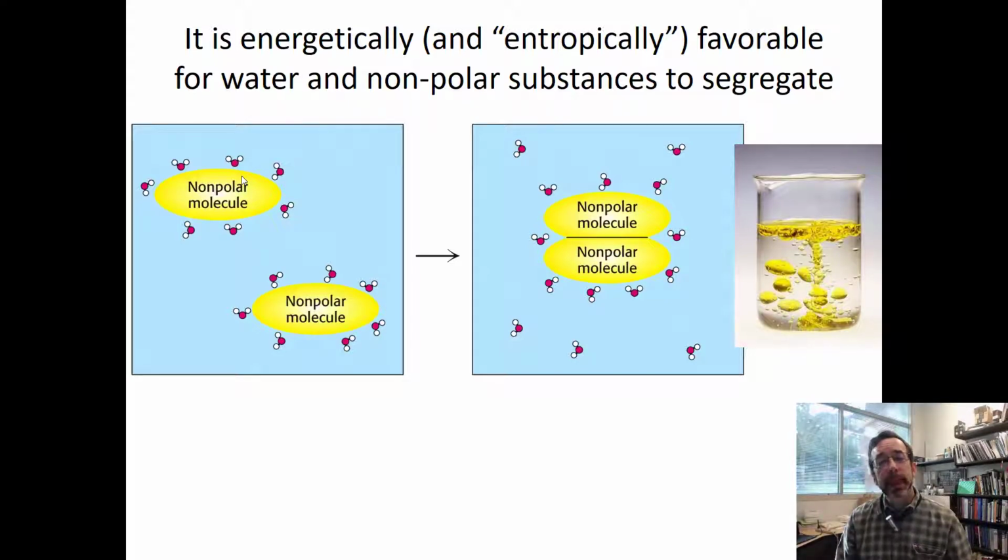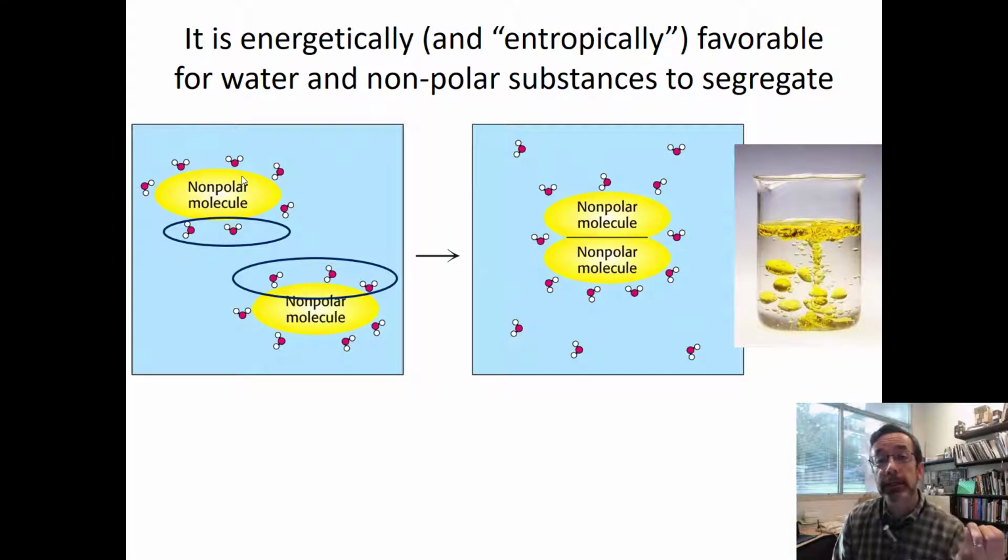What's making this behavior happen? So we need to explain what's going on at the molecular level. Here's an example of before oil groups together on the left, and then after oil groups together on the right. We know this happens, so we want to explain why it happens, showing the water molecules.